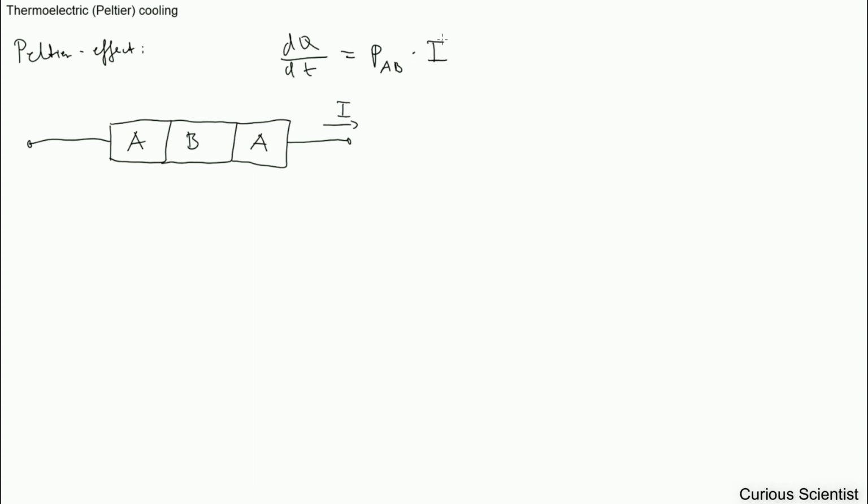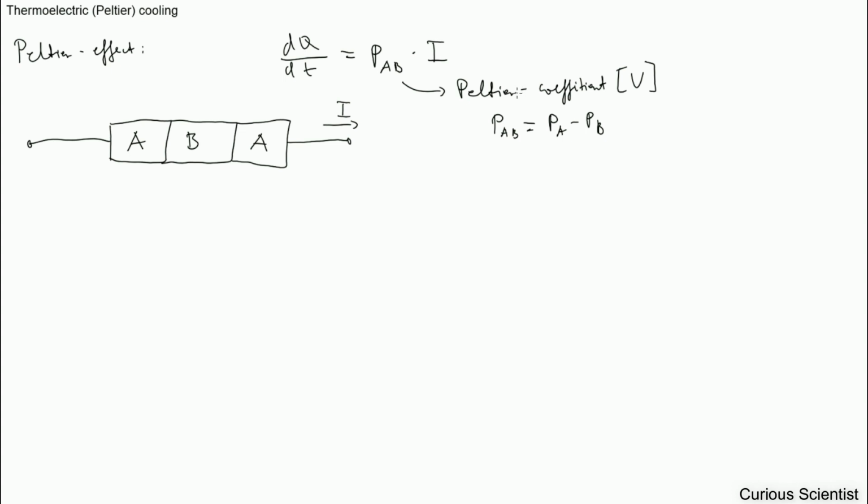You should notice that this is a linear function of the current, as compared to the Joule effect or Joule heating, which was I squared. This is the Peltier coefficient. It's usually measured in volts, and basically PAB equals PA minus PB.